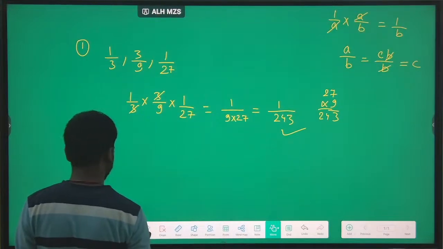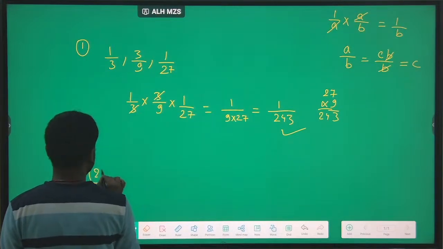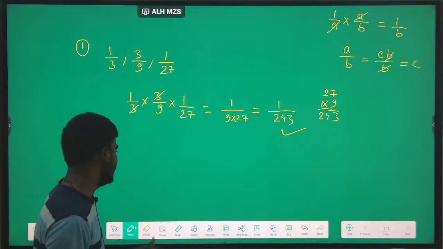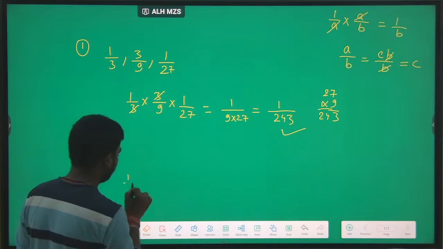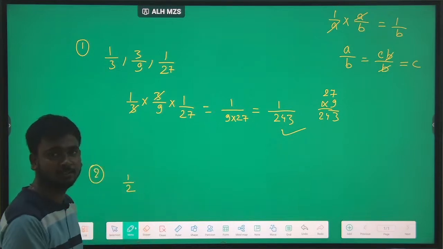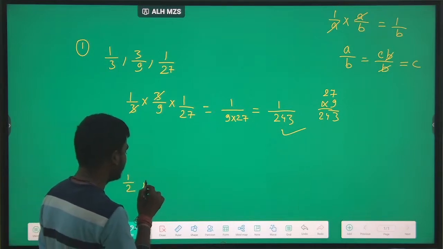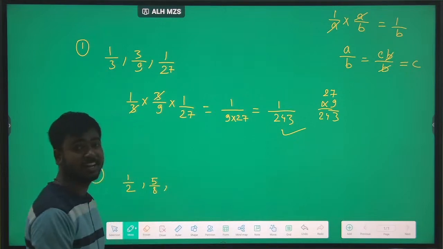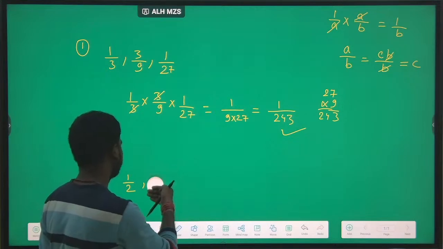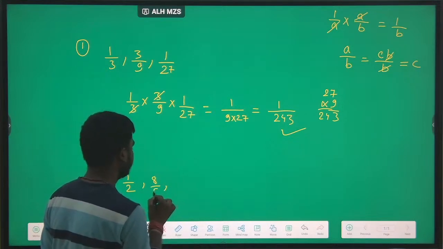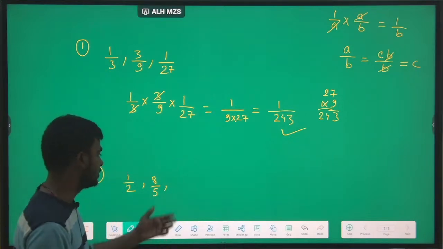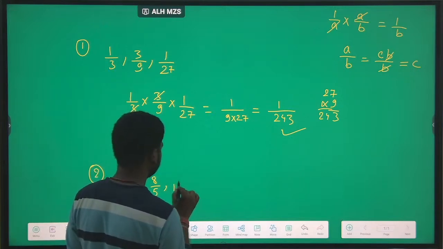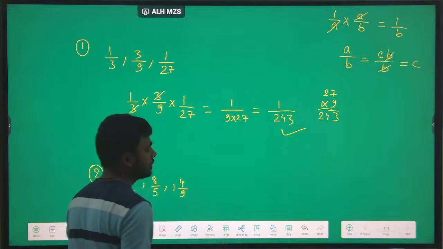Similarly, if we are given the second question with all the types of fractions, let us suppose that our first fraction is a proper fraction, our next fraction is an improper fraction, and the third fraction is a mixed fraction.